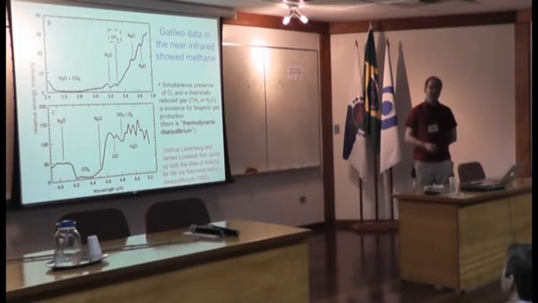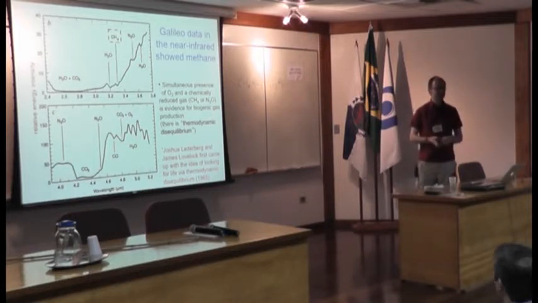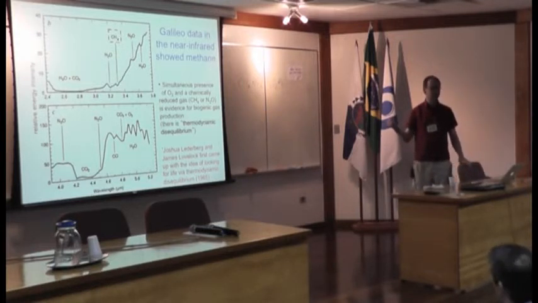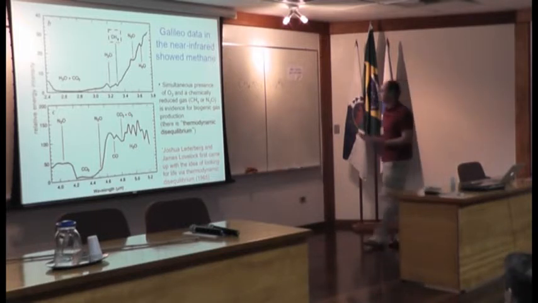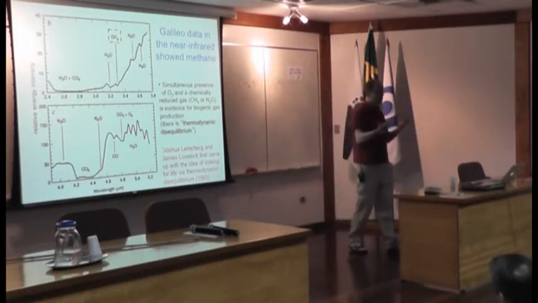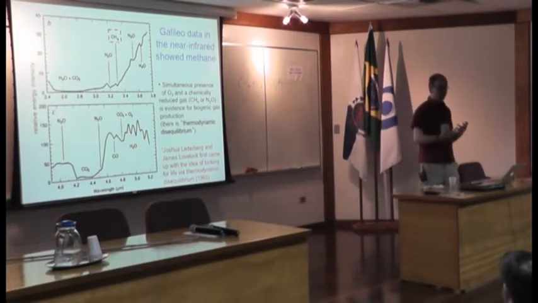In 1965, there were two papers in the same volume of Nature saying, if we want to look for a biosphere, we look for chemical disequilibrium, because it shows that there are big fluxes of chemicals that should, if it were a dead planet, react together and not be there.